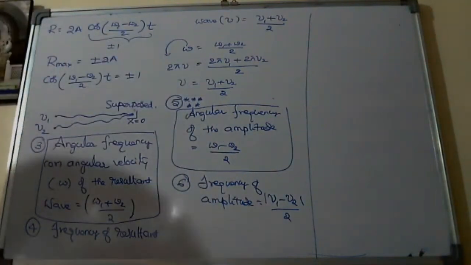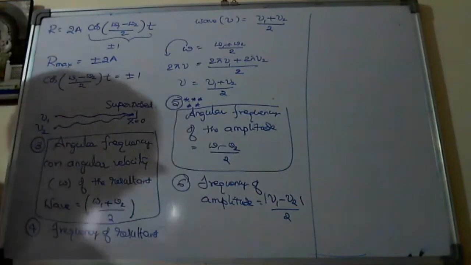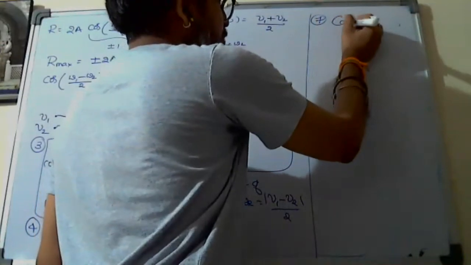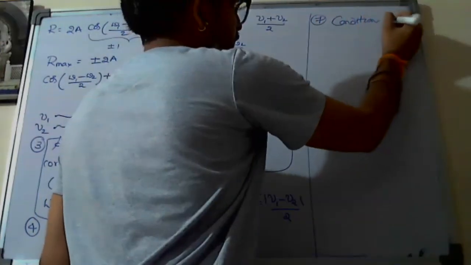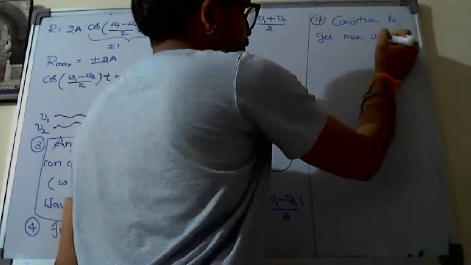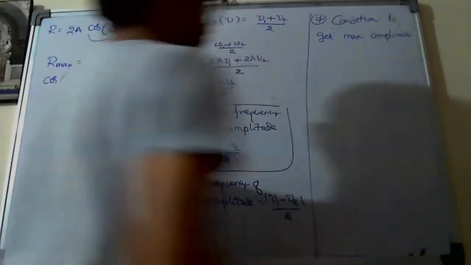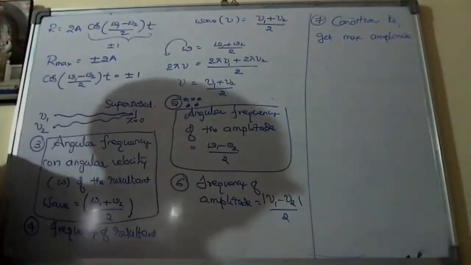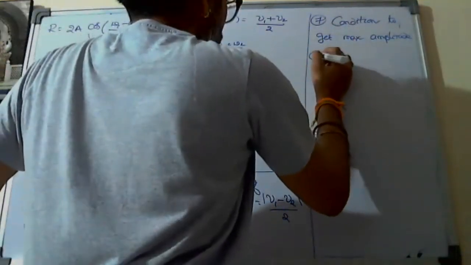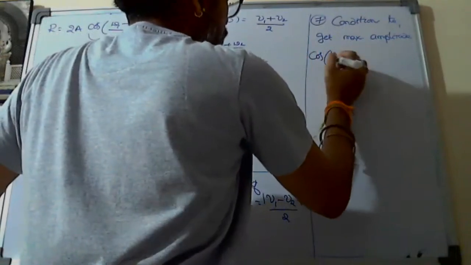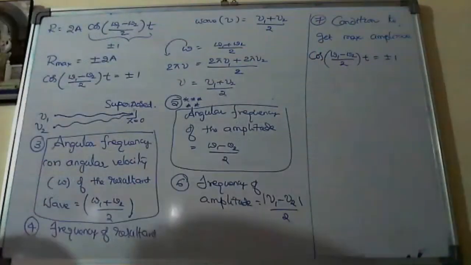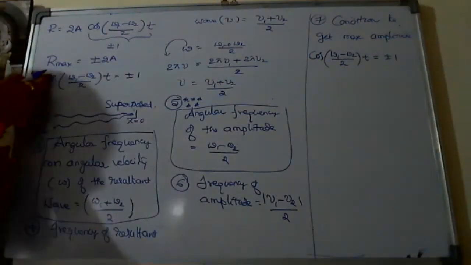This is for what? Condition for maximum. So if they ask the seventh point here, the condition to get maximum amplitude, I got here: cos of (omega 1 minus omega 2) by 2 into t should be equal to plus or minus 1.